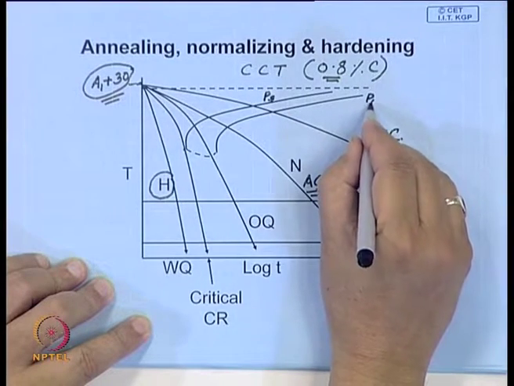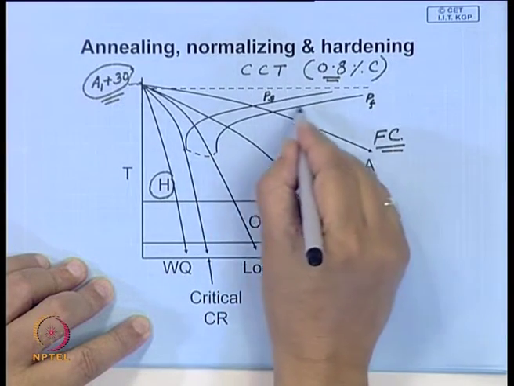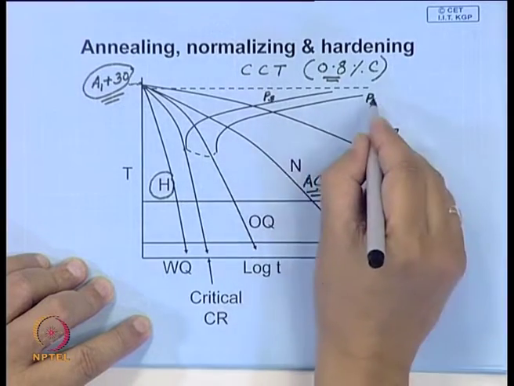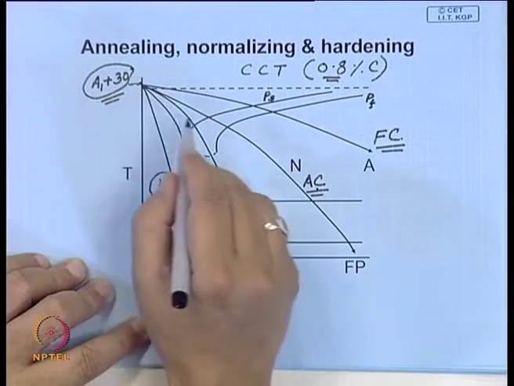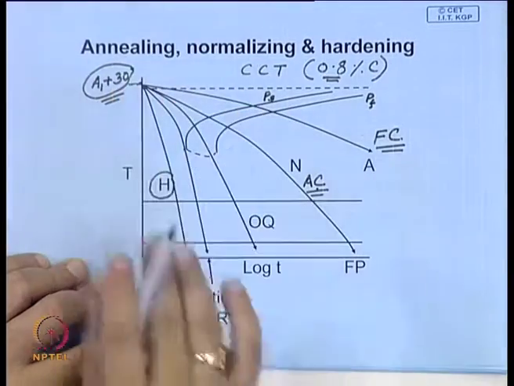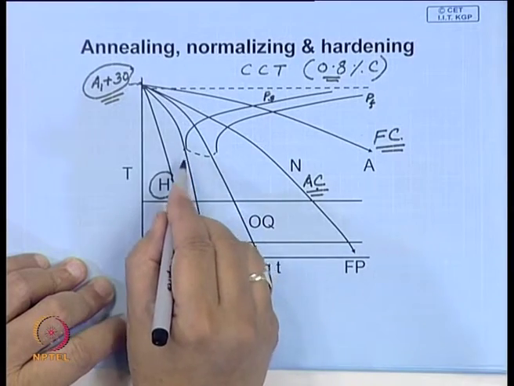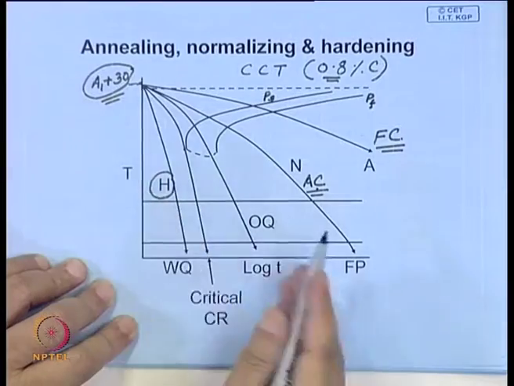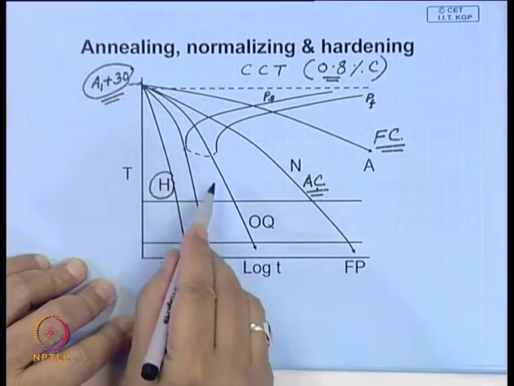Formation of pearlite is nearly completed along this profile, which gives you the time at which pearlitic transformation is complete. And we have mentioned time and again, by the continuous cooling diagram in plain carbon steel, we do not get bainite.